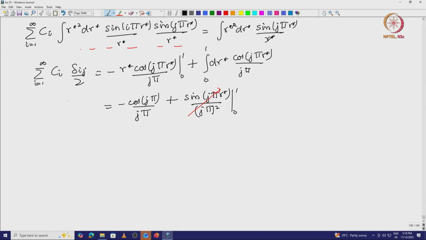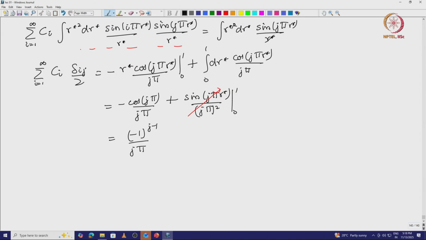So therefore you get minus cos of j pi by j pi, which is the same as minus 1 to the power j minus 1 by j pi. So this is 1 if j is even and minus 1 if j is odd, this cos function. There is a negative sign in front of it. So this is what you get.